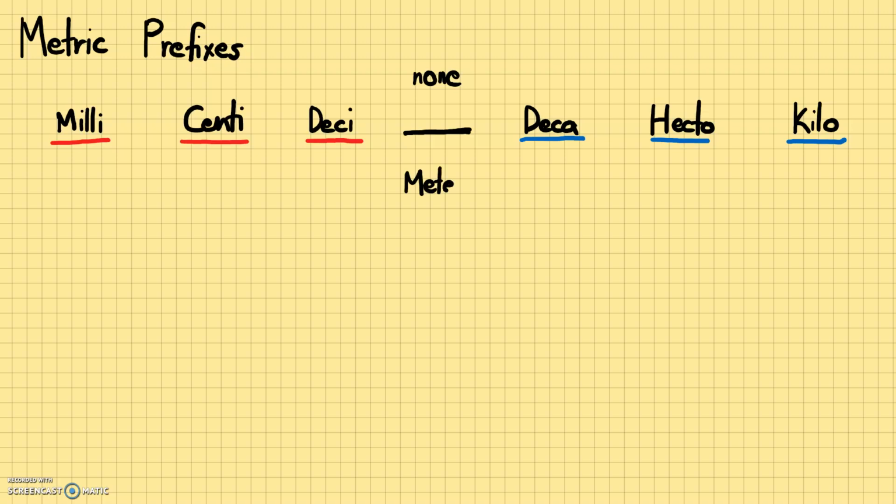We have meter, we have liter, and we have gram. Okay, so when you use these metric prefixes, you don't use them by themselves. You use them with these words in the middle. And after we go over what each of these metric prefixes mean, I'll give you a few examples of how you can combine with these words in the middle.